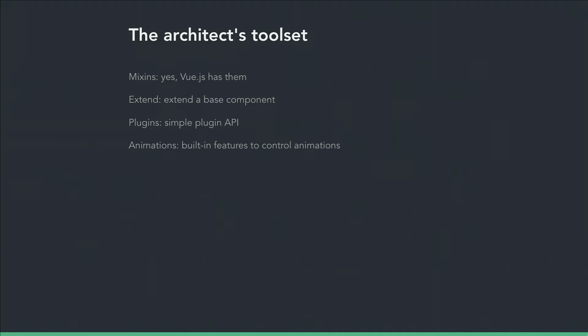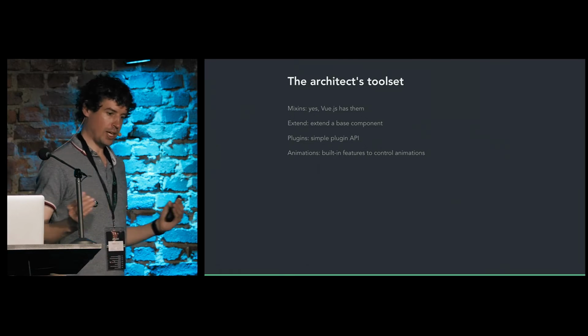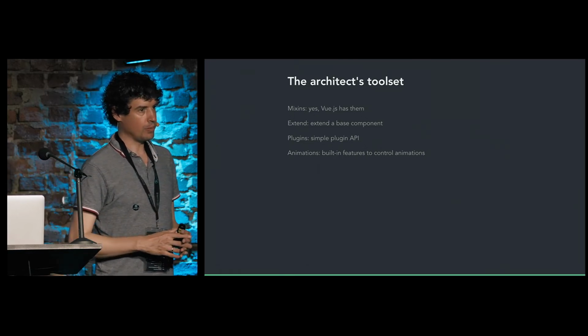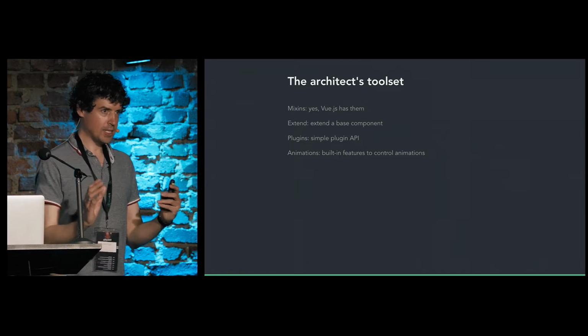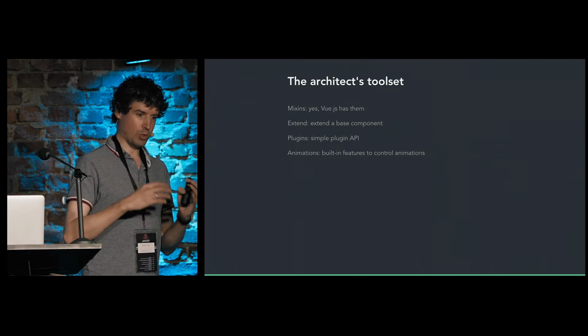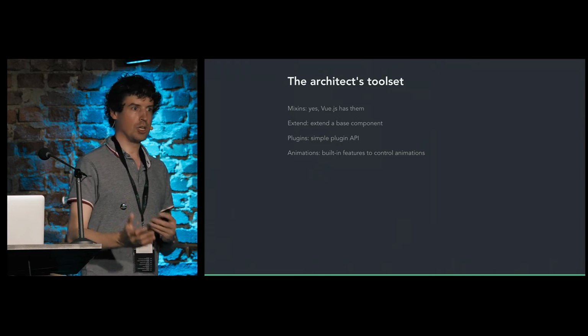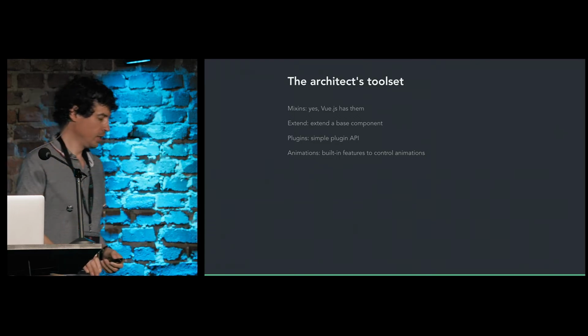Vue has a simple plugin API, and I would recommend having a look at it, because even if you don't intend to share your functionality with other projects or publish it, it makes sense to think in this way, that you encapsulate something which has an API, and moving it into a plugin really forces you to do that.